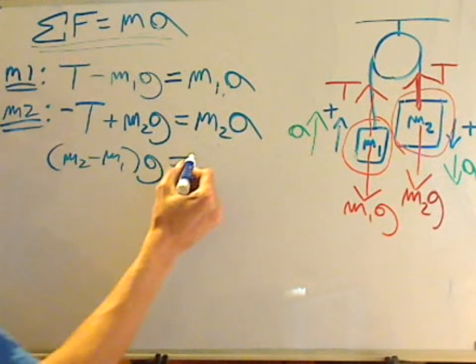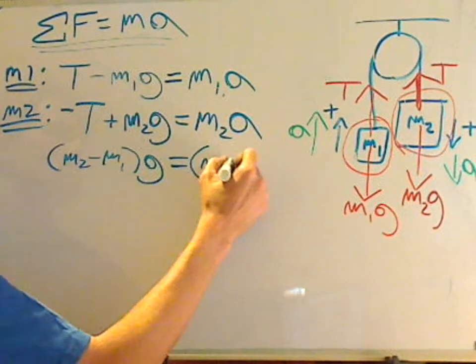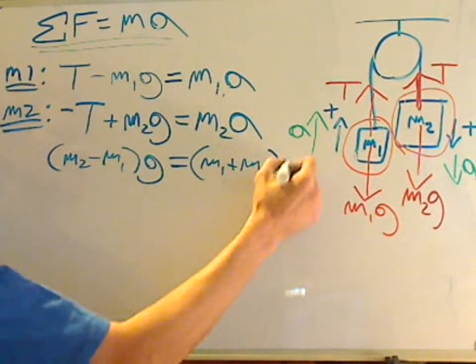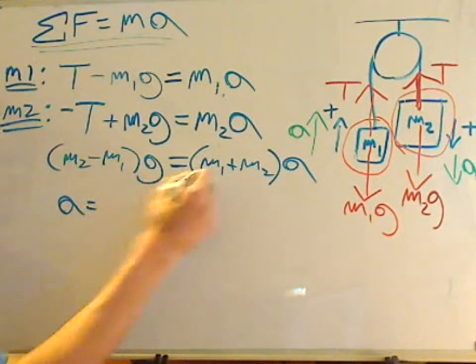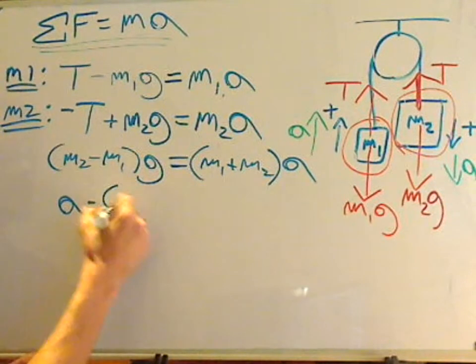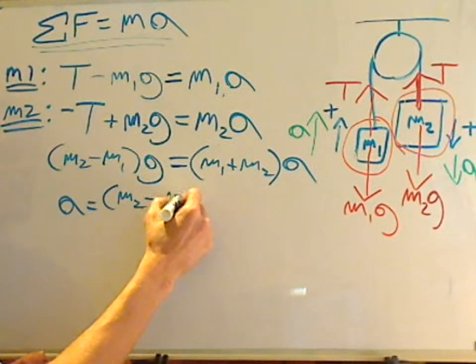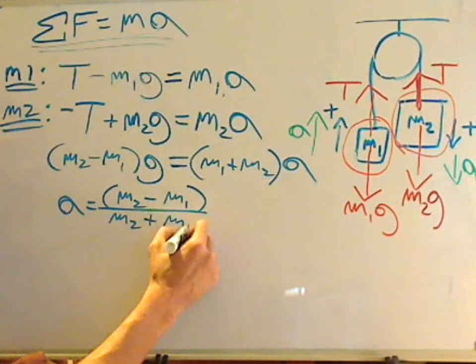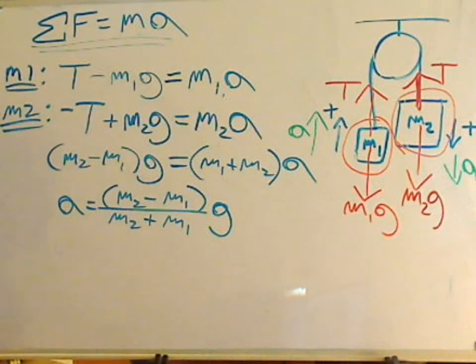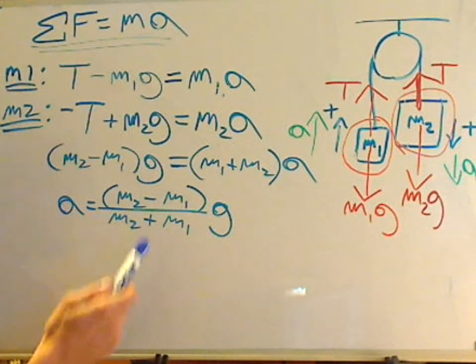So that gives us M1 plus M2 times a. So our acceleration is then, dividing both sides by M1 plus M2, M2 minus M1 over M2 plus M1, times g. Okay? So we plug these numbers in.